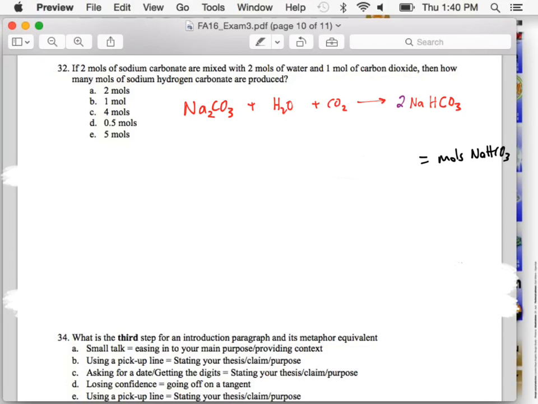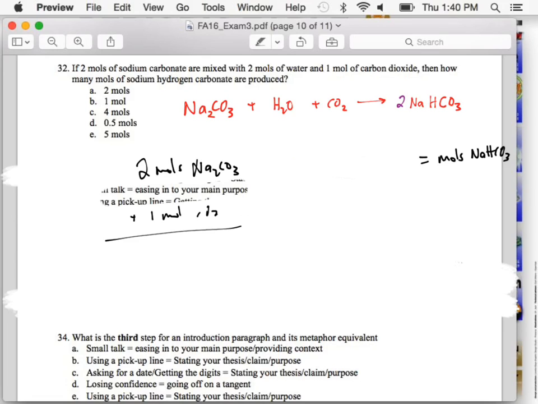What am I starting with? 2 moles of sodium carbonate. But I also started with 2 moles of water plus 1 mole of CO2, so I just add that up and I get 5, right? Well, it does add up to 5, but it makes no sense as far as the equation goes.